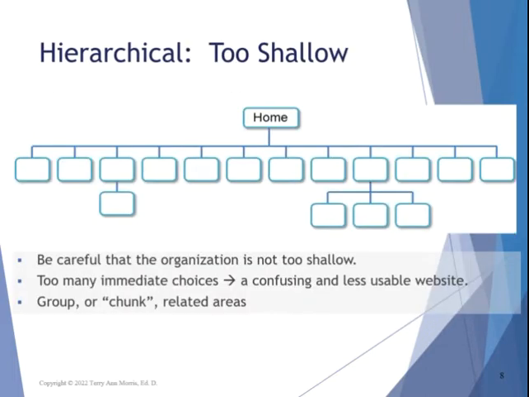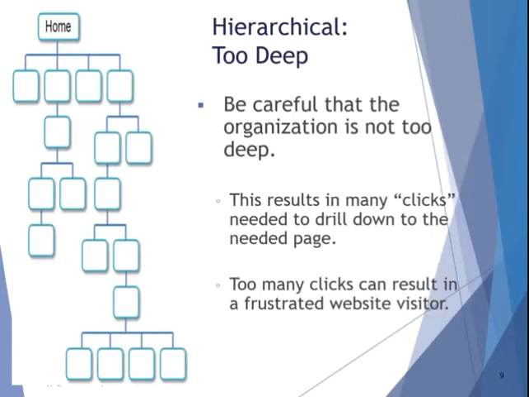When a hierarchy becomes too shallow, make sure the organization sizes aren't too flat, as too many immediate decisions will lead to confusion and the site will be less usable. When a hierarchical structure becomes too deep, make sure the organization is not too deep, as this will result in many clicks before reaching the desired page. Remember, too many clicks can result in a frustrated website visitor.